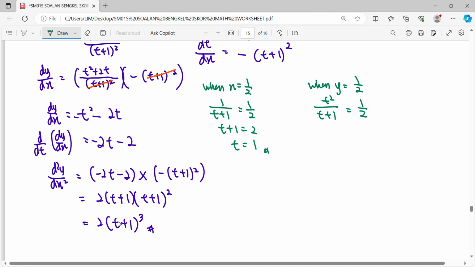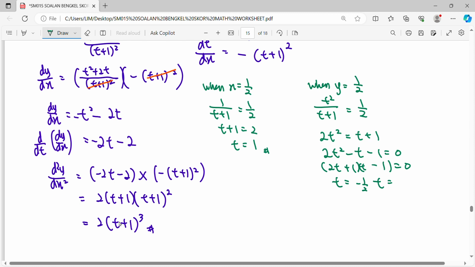So this one, cross multiply: 2t squared equals t plus 1, quadratic. So quadratic, don't forget to factorize to get your t. Negative 1/2 and 1.